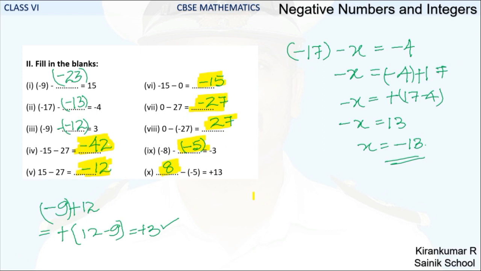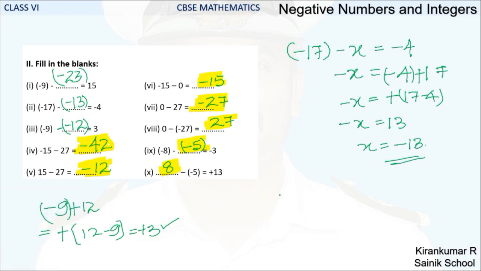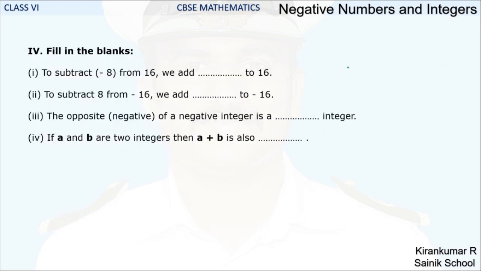What you must do is convert every subtraction problem into an addition problem and then solve. Now we will be solving one more type of question, fill in the blank. To subtract -8 from 16, we add dash to 16.